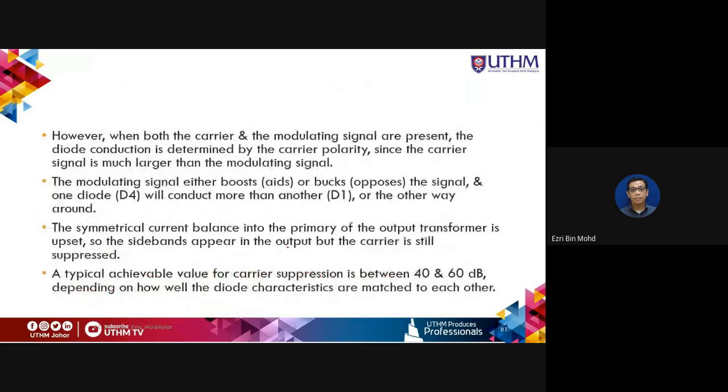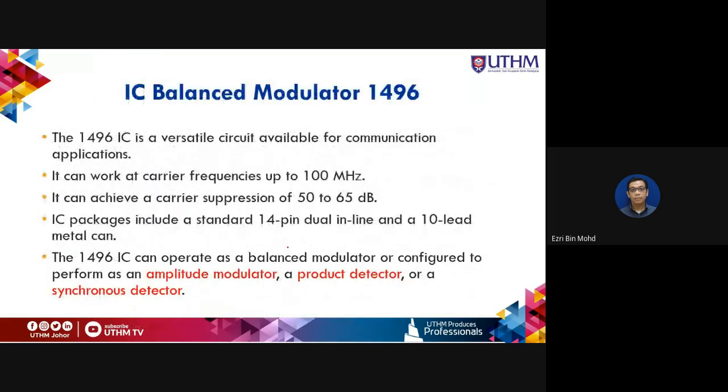One way to create double sideband suppressed carrier is by using the IC 1496. The 1496 IC is a versatile circuit available for communication applications. It can work at carrier frequencies up to 100 MHz and can achieve significant suppression of about 50 to 65 dB.